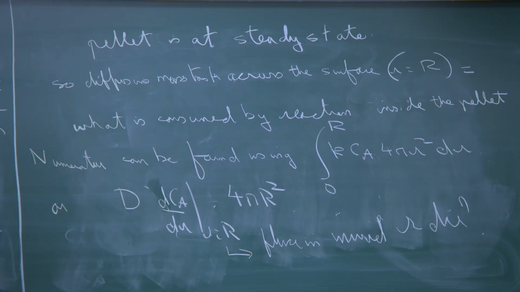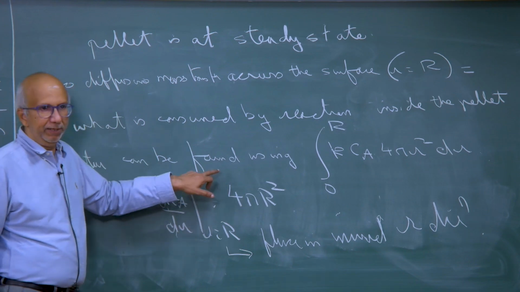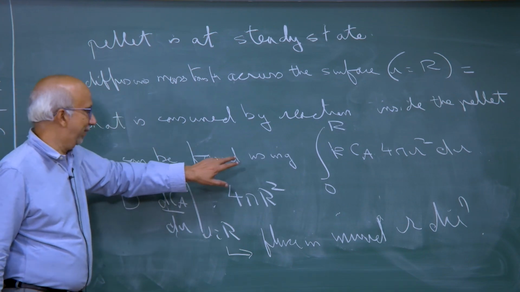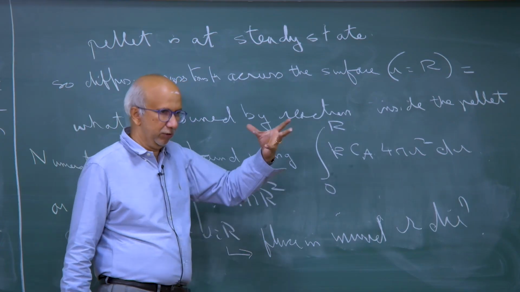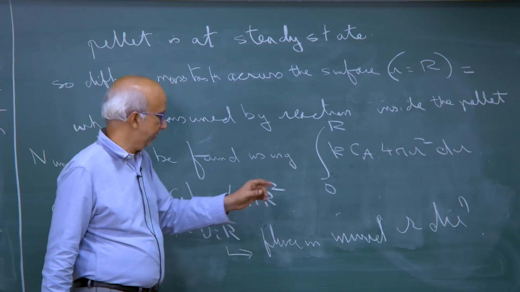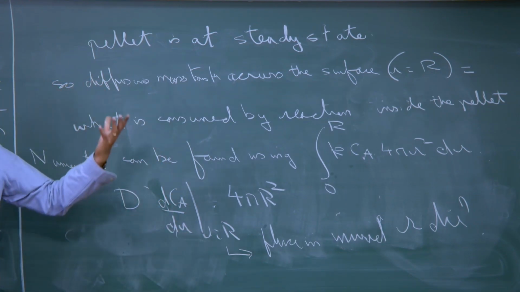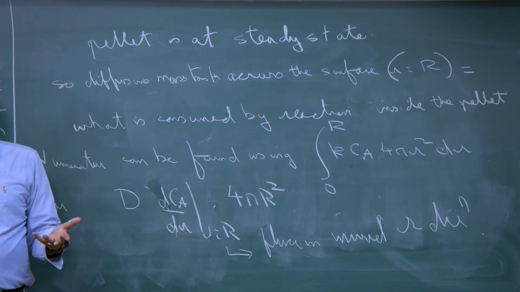So, I am just going to calculate the numerator. I can calculate the numerator either this way or this way. This is what is being consumed in the pellet by reaction, this is what is coming into the pellet. What is coming into the pellet is consumed by the reaction, they are equal.